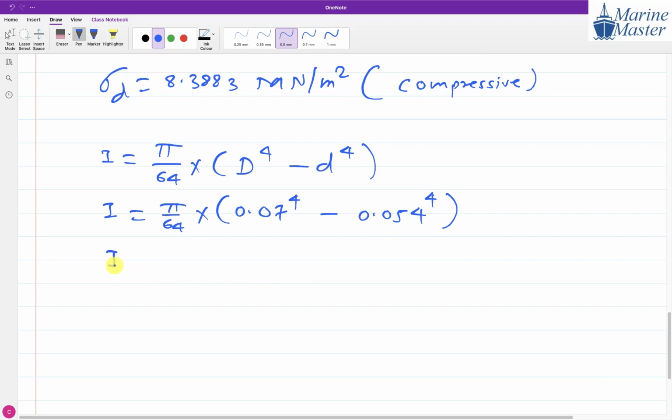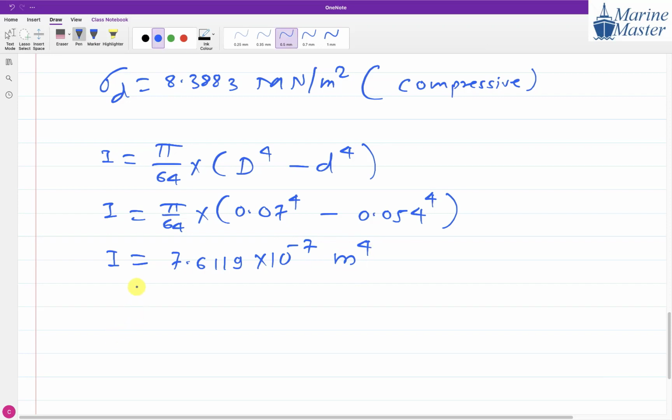Everyone, please put values in your calculator and tell me the value of I. So 7.6119 into 10 to the power minus 7 meter to the 4.